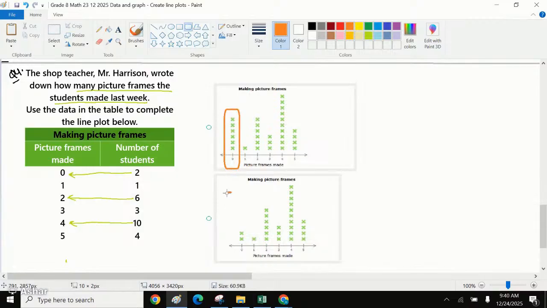If we compare this value to this, we can already see the difference in the grid. So we are finding our answer easily on the first working. This was 1, 2, 3, 4, 5, and 6. 0 pictures were not made by 6 students. 0 pictures were made by 2 students, right? That means it's an incorrect answer.